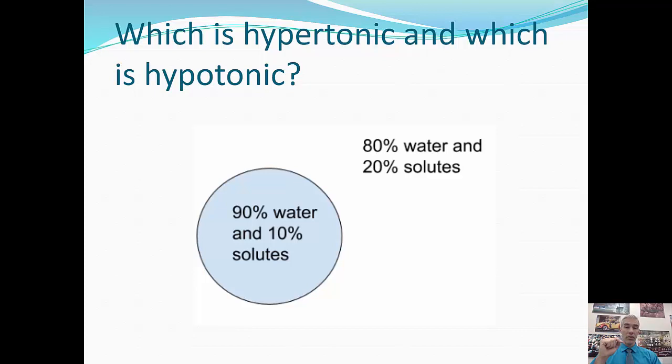Water is going to flow in. I'm having trouble. If the 80% was on the inside and the 90% was on the outside, water is going to flow from the outside in, and the cell is going to get bigger. So when the cell is in a hypotonic solution, it's going to get bigger. If it's in a hypertonic solution like this scenario, water is going to flow out, and you would expect the cell to shrink because water is going to flow towards where there's more solutes and less water.